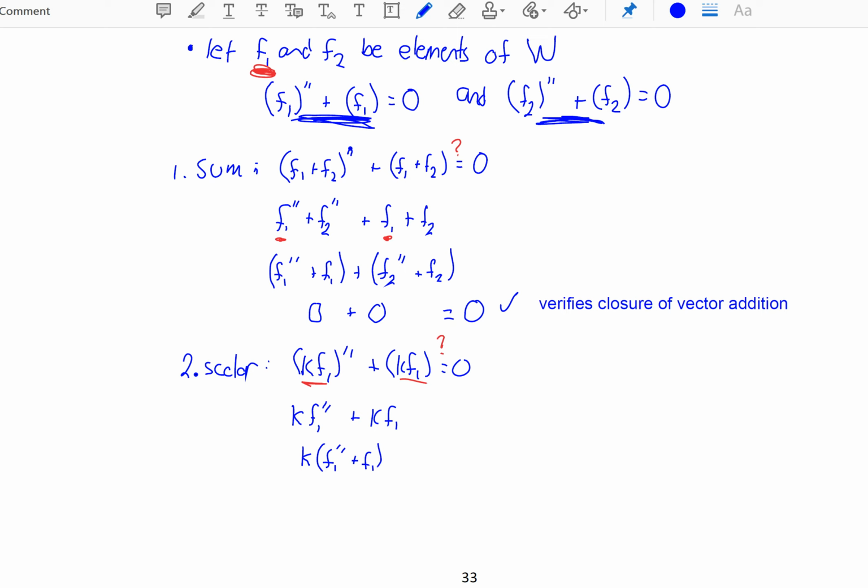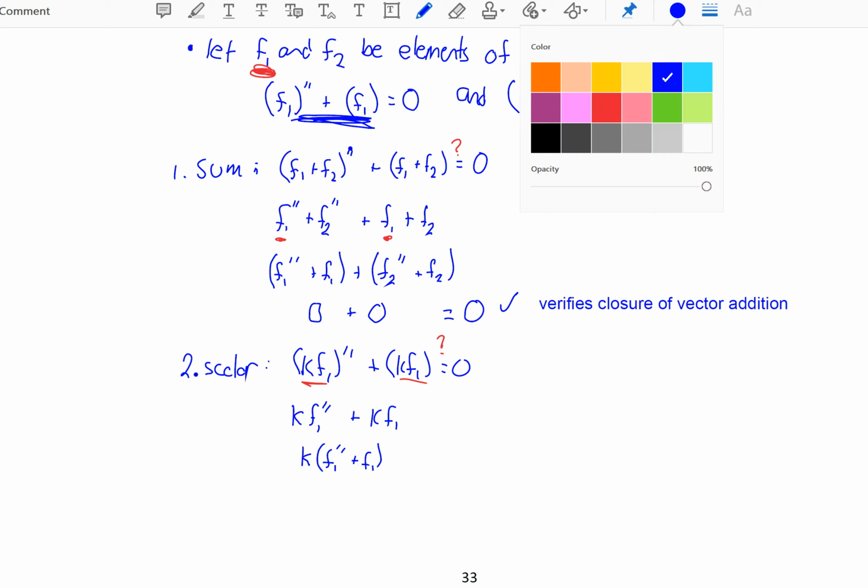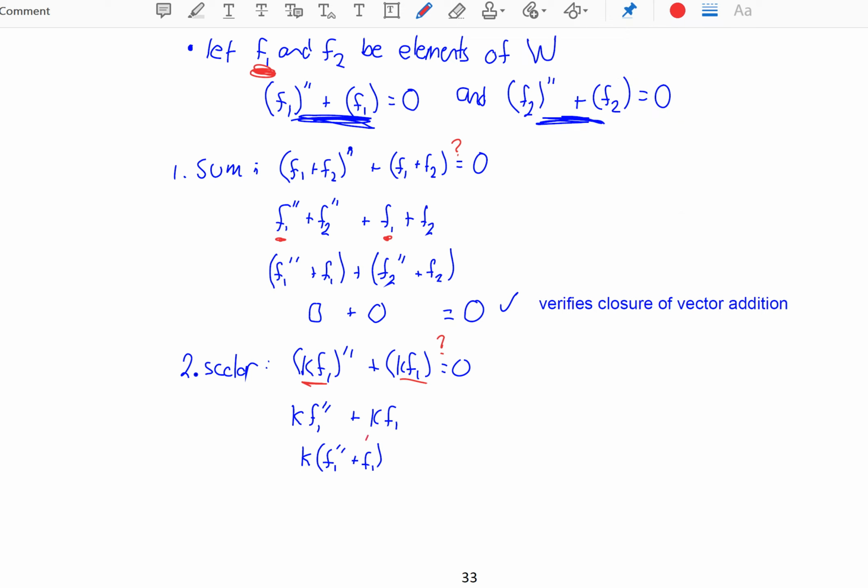And since f1 was an element of W to start with, we know this has to be 0. So we have k times 0, which is equal to 0. And this verifies closure of scalar multiplication.